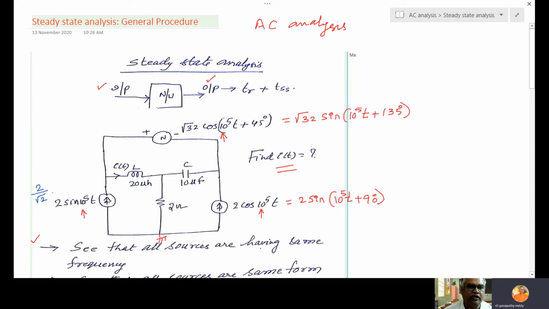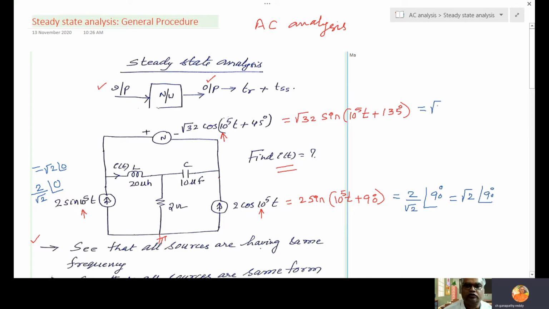So 2 by root 2 angle 0, which is equal to root 2 angle 0. Whereas here 2 by root 2 angle of 90, which is equal to root 2 angle of 90.